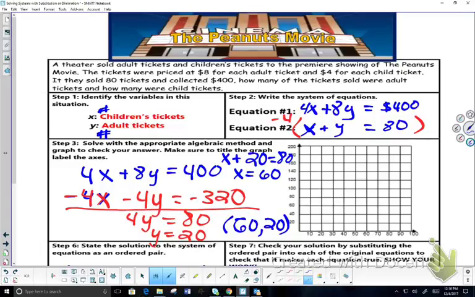So if I graph these two, that means my solution is sitting right here. Let's see if we can remember how to graph. I'm going to do my top equation in blue. Standard form, so I use the hand. 4x equals 400.